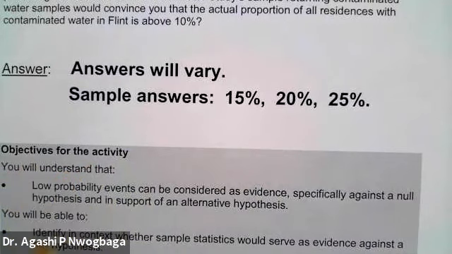Objective for the activity. You will understand that low probability events can be considered as evidence, specifically against a null hypothesis and in support of an alternative hypothesis.